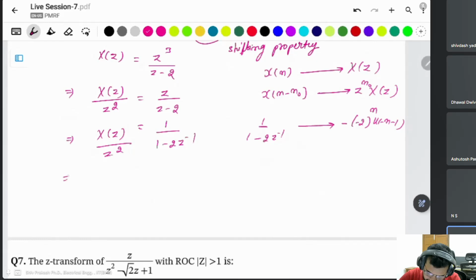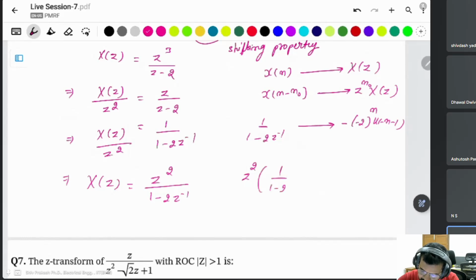Then X(Z) here can be written as Z square divided by 1 minus 2 Z inverse. It means you multiply here Z to the power 2 into 1 by 1 minus 2 Z inverse. Then multiply by 2, it means there is a positive power 2, minus 2. Oh sorry, this is not minus because of this minus there.